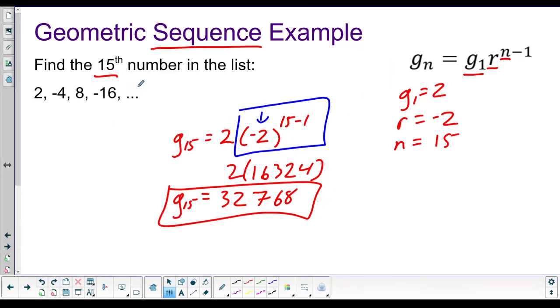If you type times negative 2 and then just hit enter 15 times or 14 times or however many times it takes to get to the 15th number, it'll be correct. But if I said, what's the 1,057th term in the list, you wouldn't want to hit it that many times and count, because I guarantee you'd mess up. So you want to use the formula.